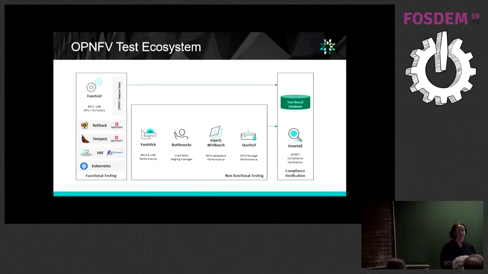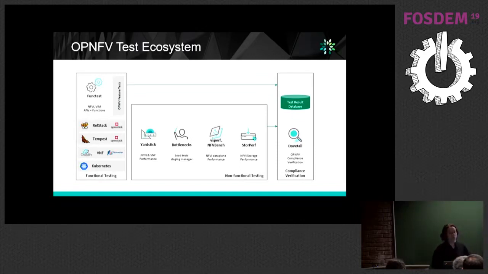Okay, so in terms of test tools, our test ecosystem looks a little bit like this. We have functional testing in the form of Functest, and then a bunch of performance and benchmarking testing split up like so with these other projects.